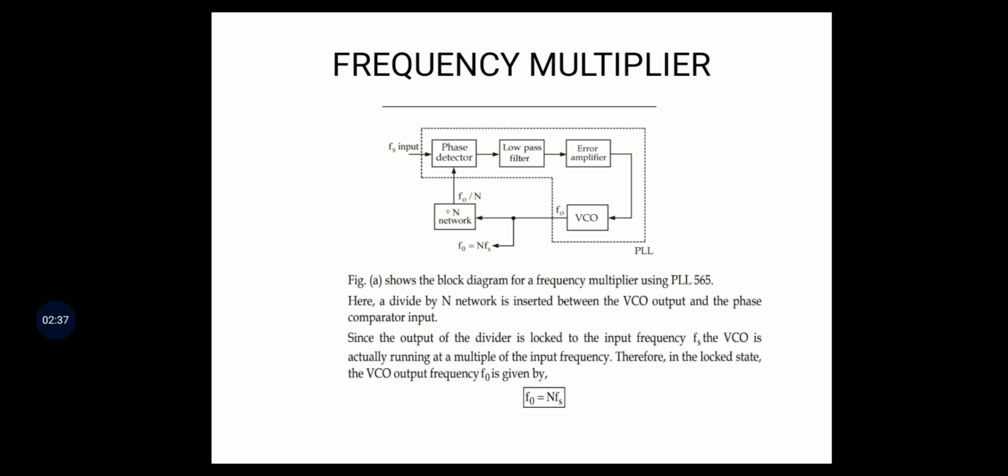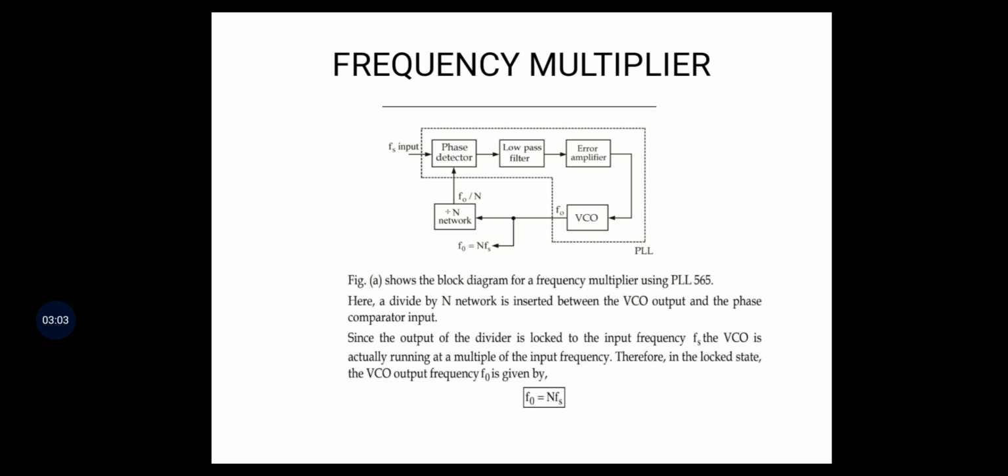A divided by N network is inserted between the voltage control oscillator output and the phase comparator input. So after the divided by N network, we get the frequency F0 by N.